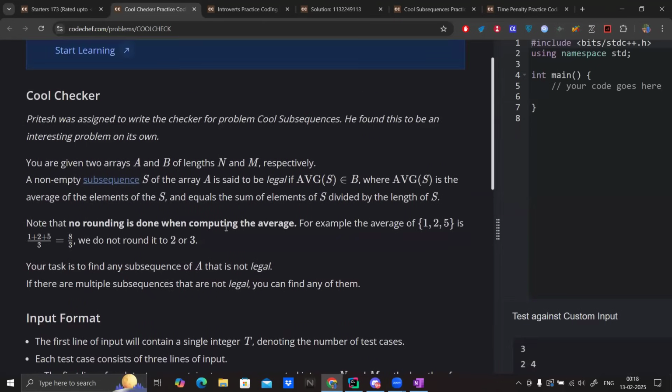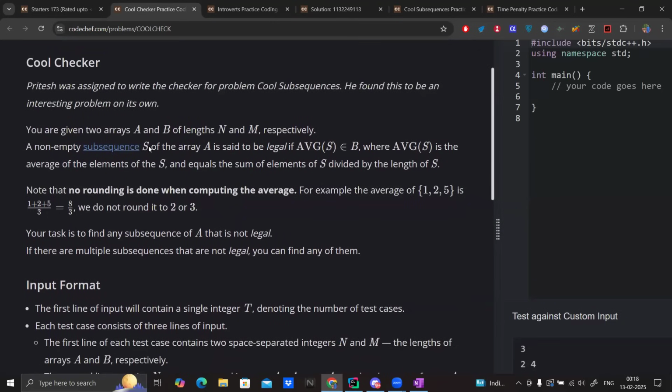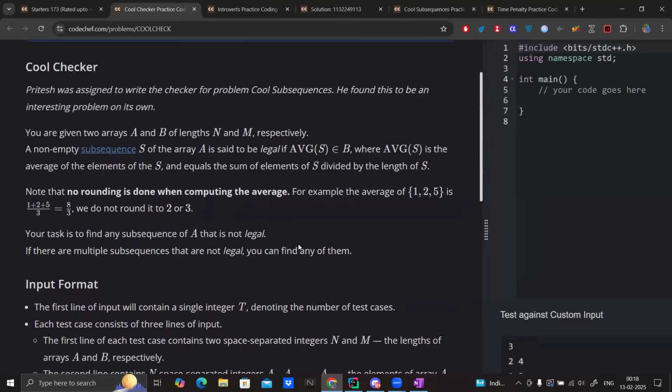Okay. So basically we have two arrays A and B of lengths n and m respectively, and we have to find a subsequence of A such that the average of the subsequence does not lie in B. If there are multiple subsequences that are not legal, you can find any of them.